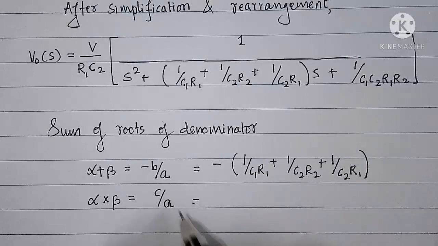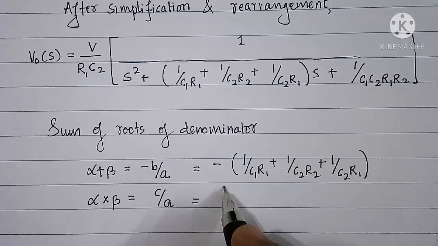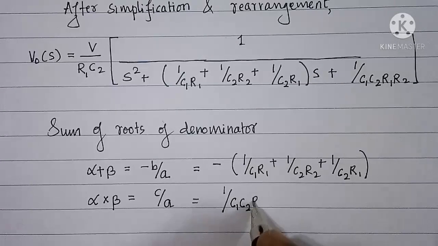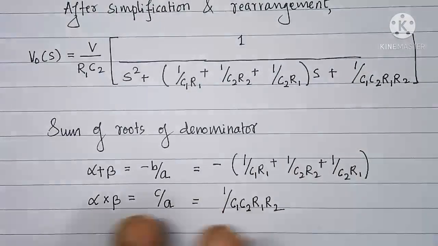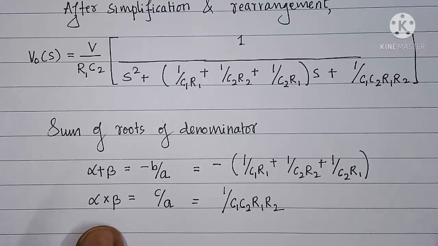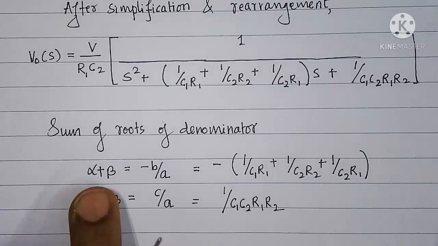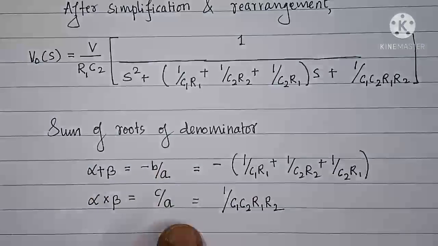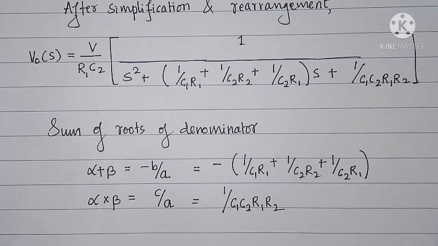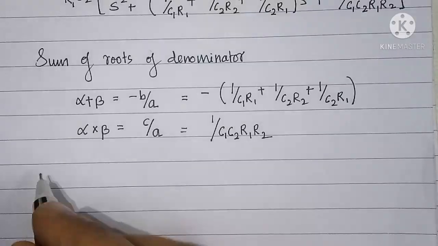Therefore, c by a will be equal to c only, that is 1 by C1 C2 R1 R2. These relationships between roots of an equation and the coefficients of the S square and S terms are from your 10th standard studies.